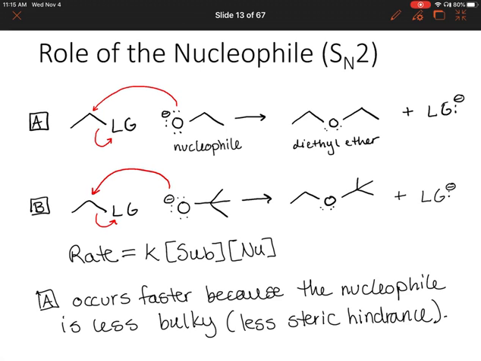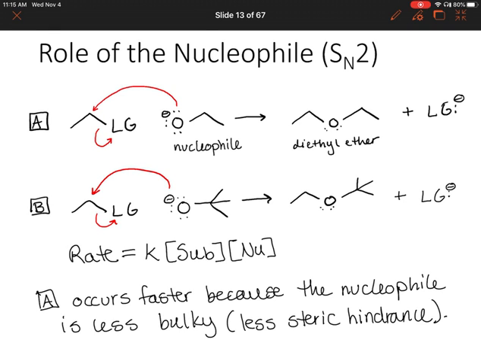So this is actually really similar to what we've talked about previously with our electrophile. We said that for SN2, the electrophile should be less bulky, but additionally, the nucleophile should also be less bulky. And if a nucleophile is bulky, it's going to have a hard time coming in and forming a bond with the electrophile.